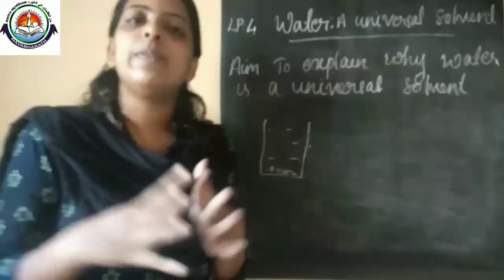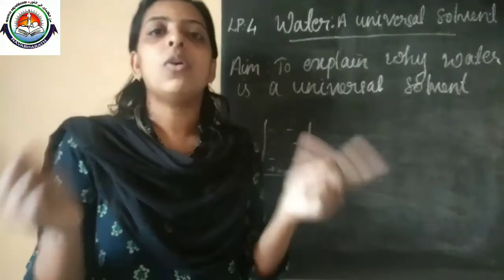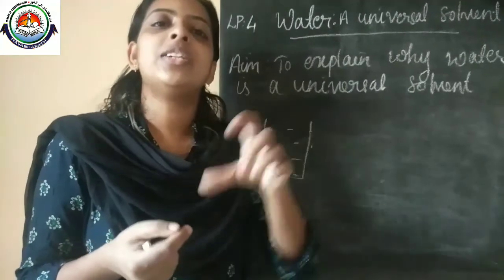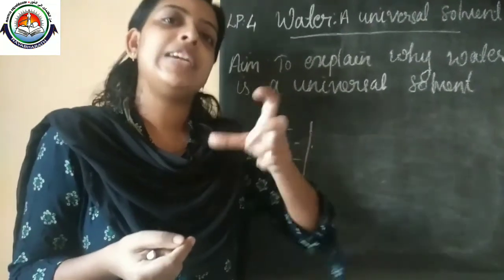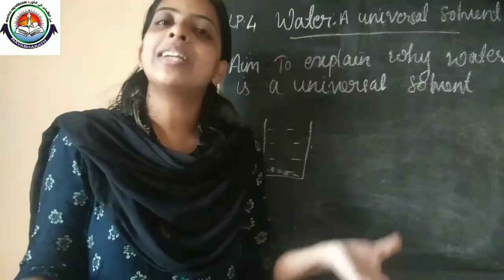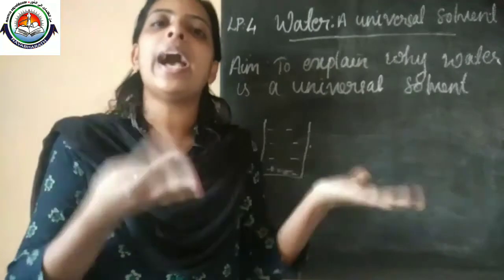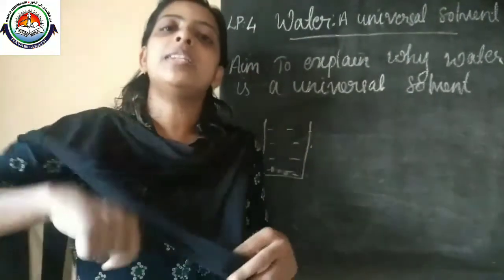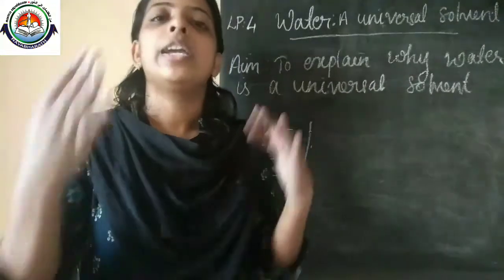And after making the tea, you all know the color of tea, right? Yes. And when we are drinking, we can feel the taste of sugar and tea. Is it right? Yes. So we can say that this tea and sugar are already dissolved in water. So this water can dissolve many of these substances into it.